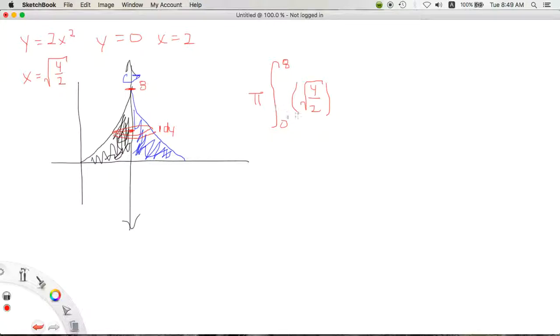Oh, sorry, that's not all of r, is it? What's our r? Right, 2 minus our function squared times dy, pi r squared h.